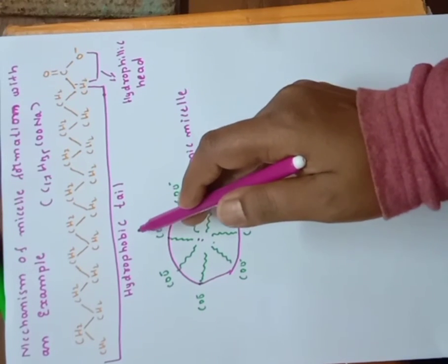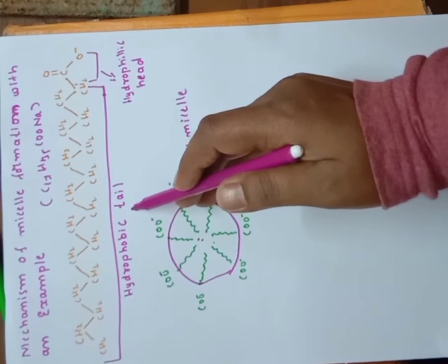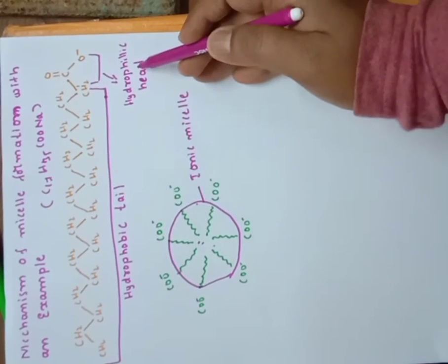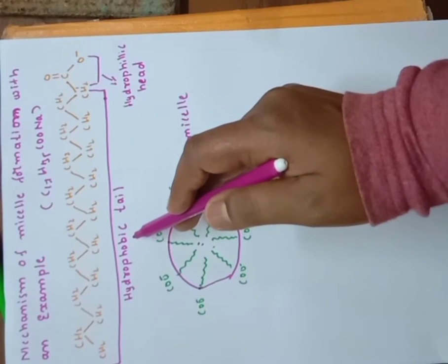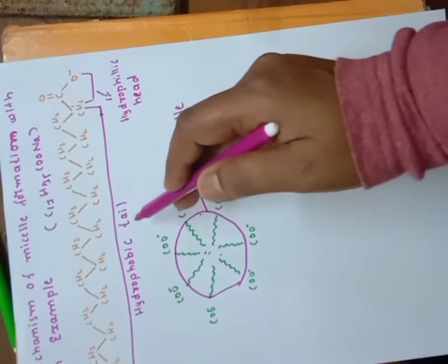This is the hydrophobic tail and this one is the hydrophilic head. It is hydrophobic because it is non-polar in nature, and this is polar in nature. This is about the mechanism.